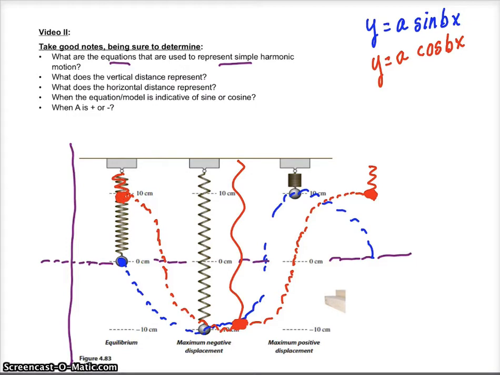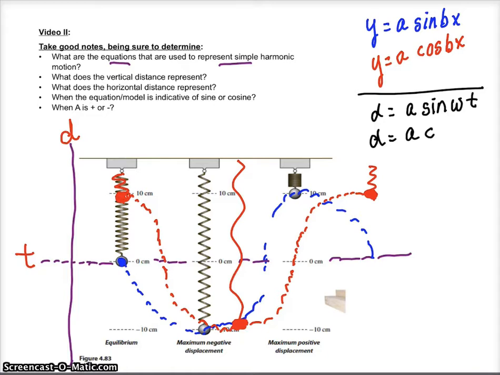Now also, let's think about, as this spring is rising and falling, time is passing. So with simple harmonic motion, while the vertical axis represents your displacement, your horizontal axis represents time. So our equations for simple harmonic motion are written as d, displacement, is equivalent to a for our amplitude, times the sine of omega t, or d equals a times the cosine of omega t.